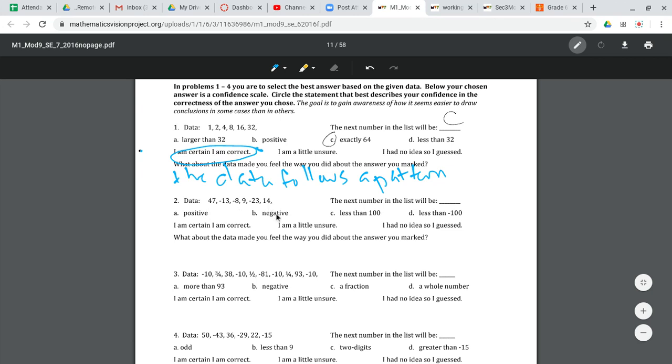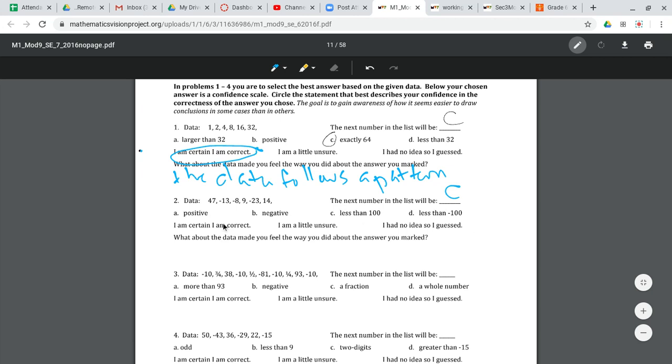So can we really determine whether it's going to be positive or negative? Probably not. Do we think it's going to be less than negative 100? Well, all of our values are much greater than that. So what about less than 100? Yeah, seems like a reasonable guess, so less than 100.